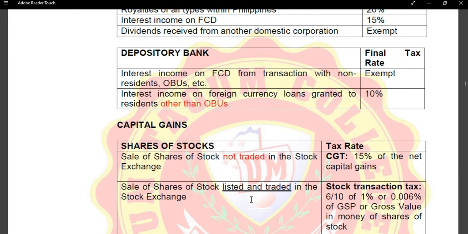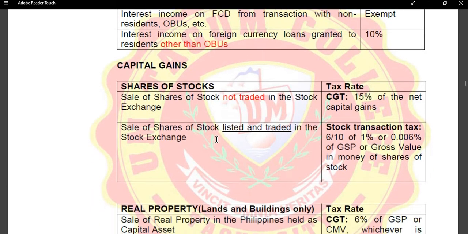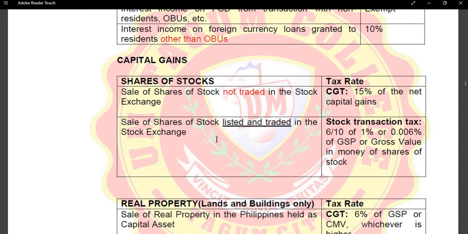Now, for capital gains tax, okay, this is the tax applicable for the sale of shares of stock or for real properties.